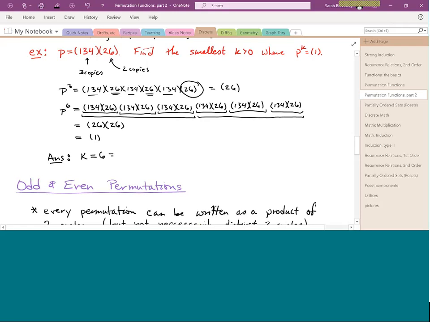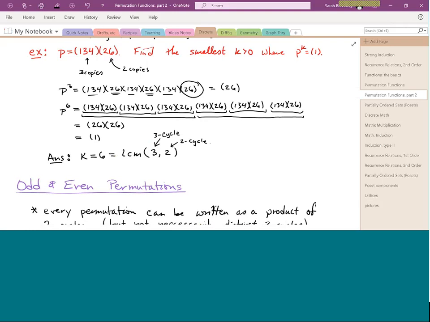It's the least common multiple of the 3 and the 2. This is your 3 cycle, and that comes from your 2 cycle. That is a quick and dirty way to figure out what that smallest value of K is.